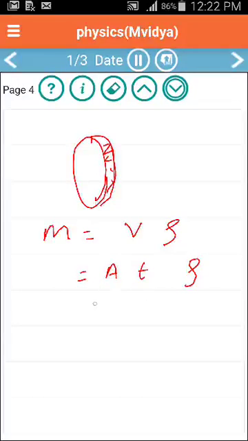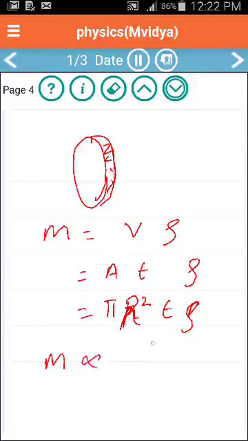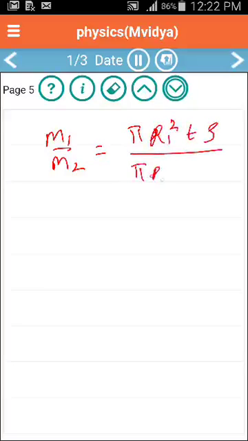Area, since it's a circular disk, is pi r squared, into thickness into density. So we can write mass is proportional to r squared, because if I do m1 upon m2, I'll get pi r1 squared t rho upon pi r2 squared t rho.